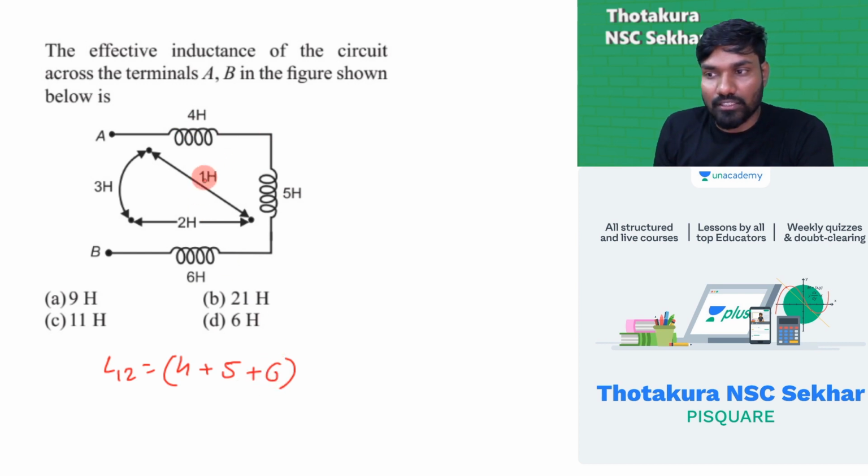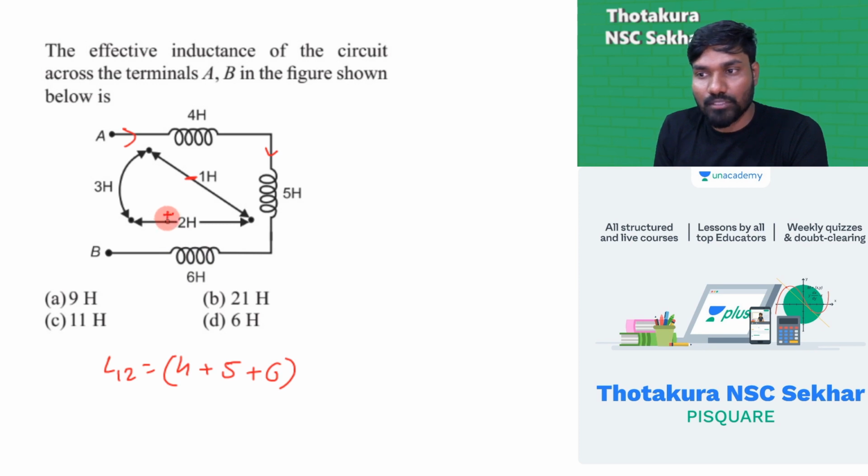Next type of coupling, look at this arrow. Is this positive coupling or negative coupling? This is a negative coupling, minus sign, because here current is entering at the dot, here current is leaving at the dot, negative polarity. Between these two, for this arrow, current is leaving at the dot, here current is leaving at the dot, for this also.